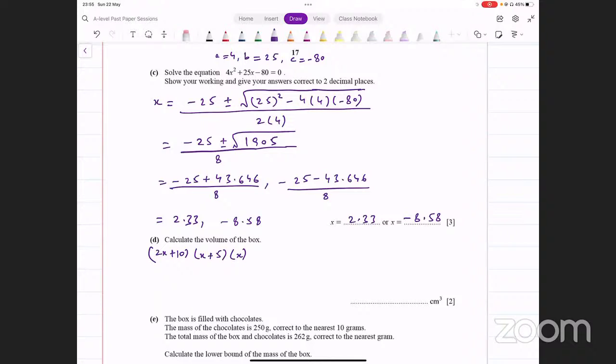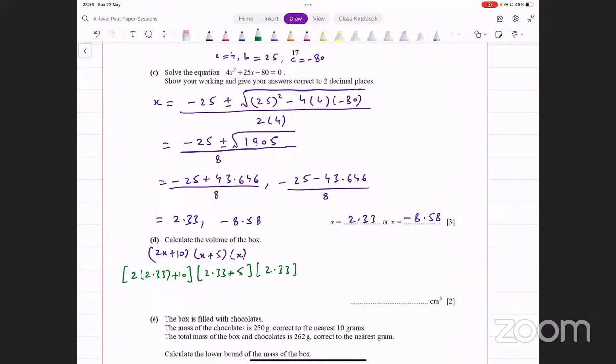Here we directly evaluate these three, then multiply them. 2 into 2.33 plus 10, into 2.33 plus 5, into 2.33. Okay, first bracket evaluate. Let's see what we get from this.